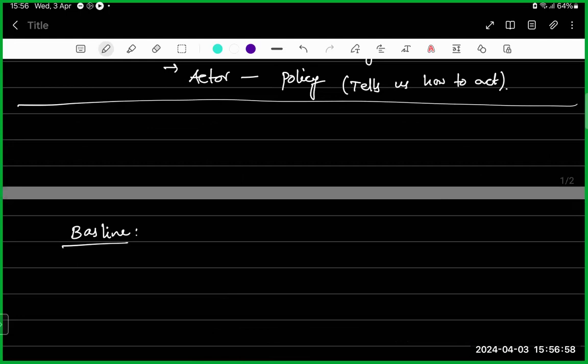What this baseline variation tells us is, so this is our expected gradient, right? This is the gradient which we have.